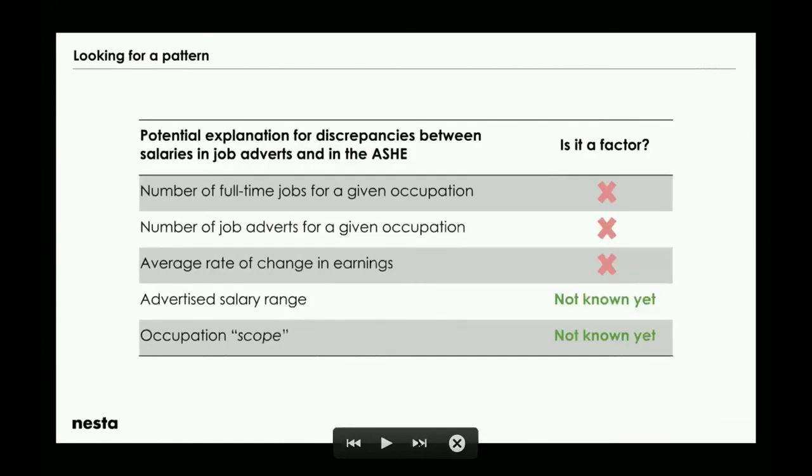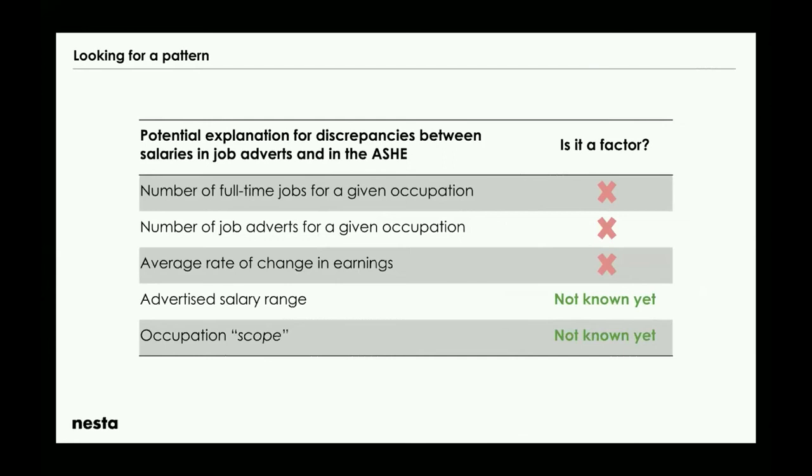What we wanted to know was, is there a pattern? Can we identify some features that explain which occupations are more or less aligned? So we did some exploration, and one of the hypotheses was that if an occupation is small, there would be a greater level of noise both in the official statistics and in the online job adverts, and this would lead to greater discrepancies.